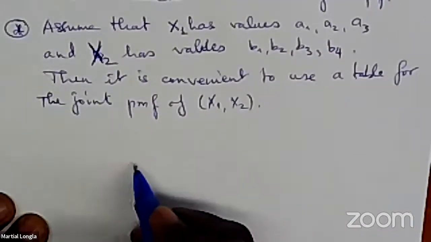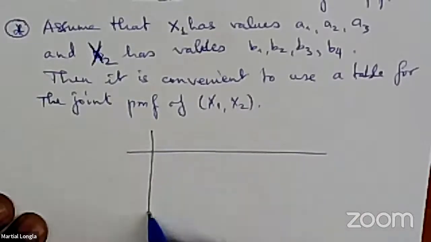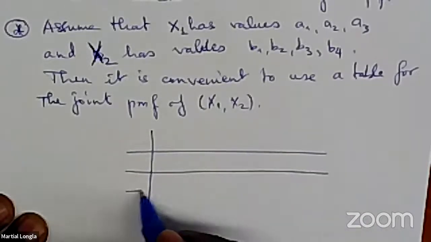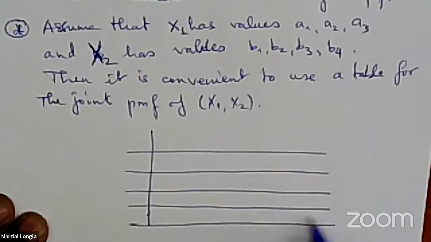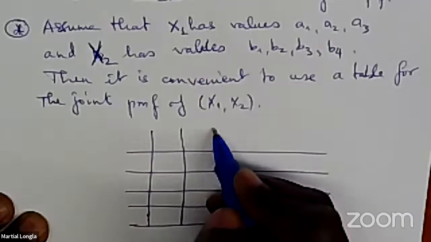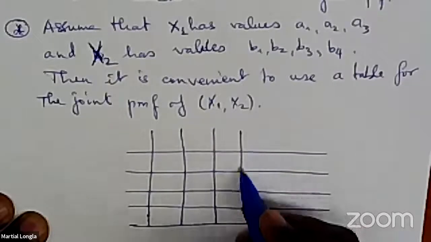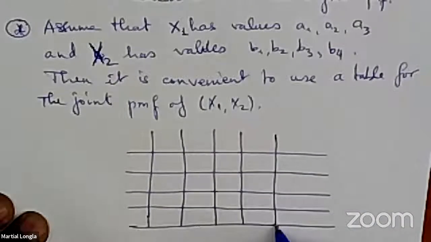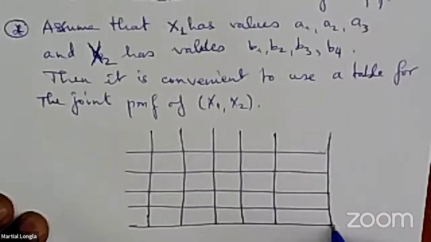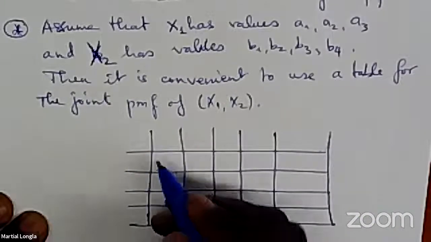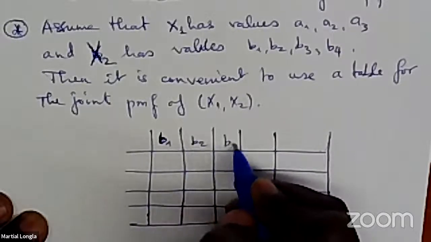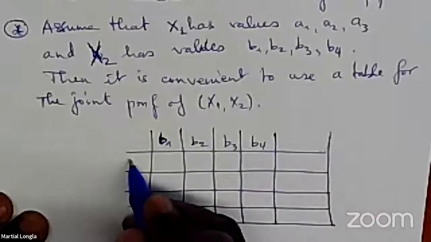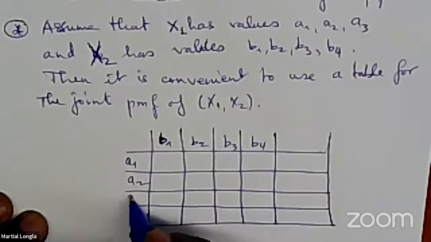So here we can draw that table. And then you put their values here, B1, B2, B3, and A1, A2, A3.